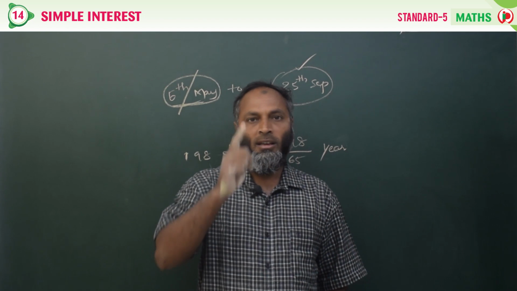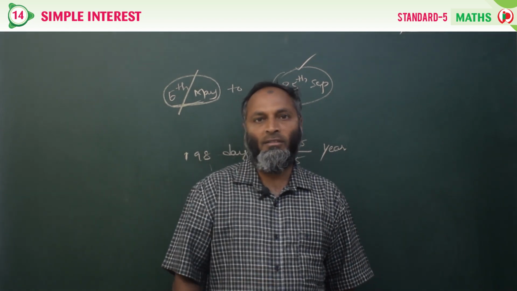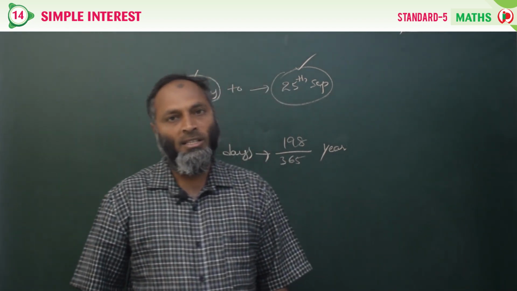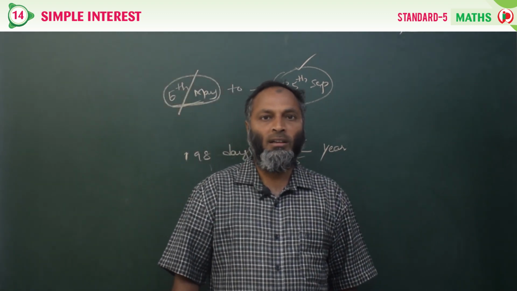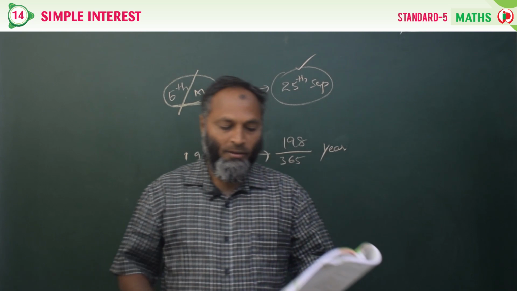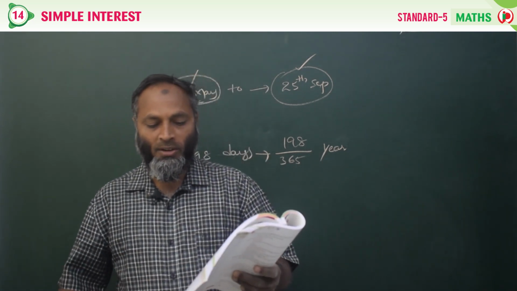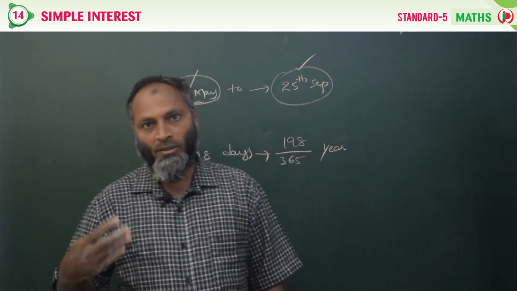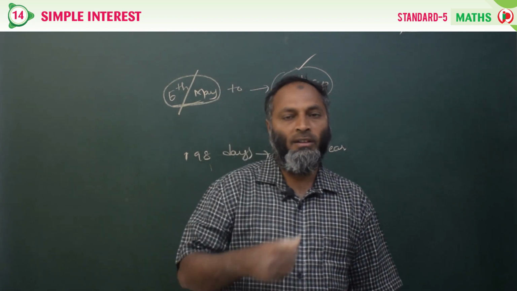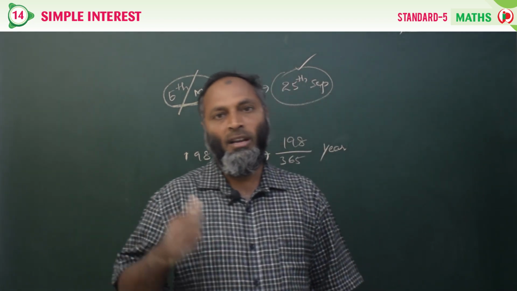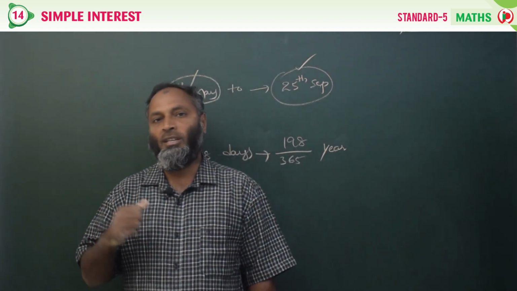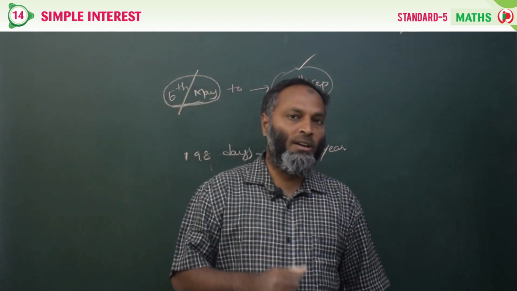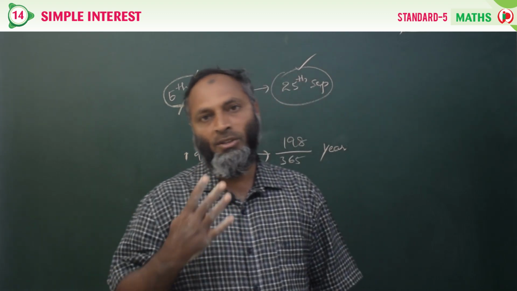Why? Because in 1 year we have 12 months. So whenever months are converted into years, we should divide by 12. Converting months into years, we divide by 12, and converting days into years, we divide by 365. So these 4 points you should remember.